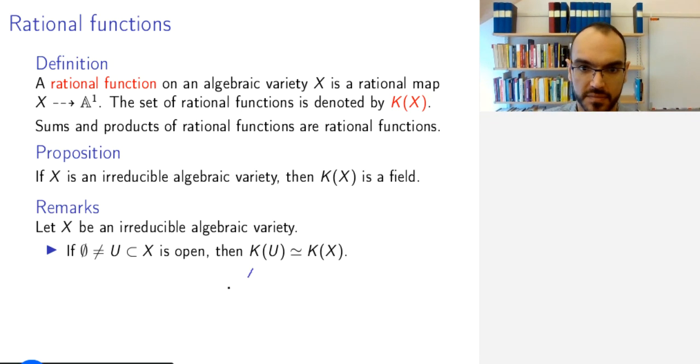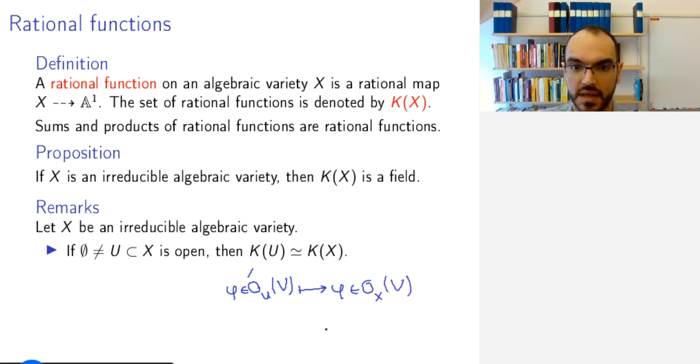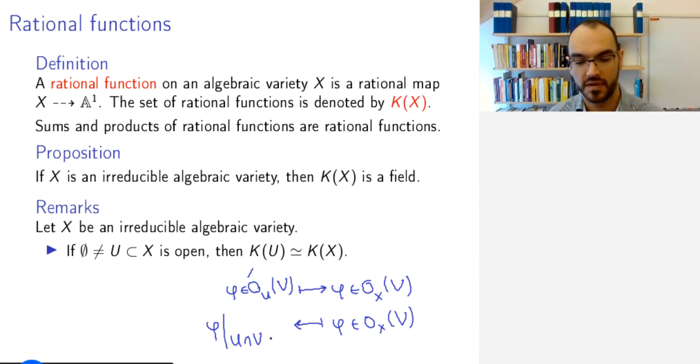Simply, if you have some phi here, then phi is going to be a regular function on some open V in U. And then you map it to phi seen as an element in O_X of V. And likewise here, given such an element, you take its restriction to U intersection V. And this is, again, a dense open subset. So we will be fine.